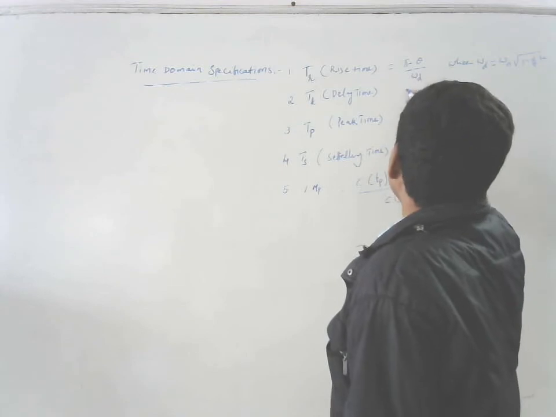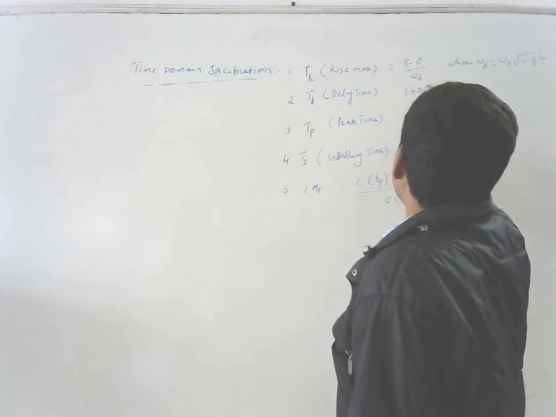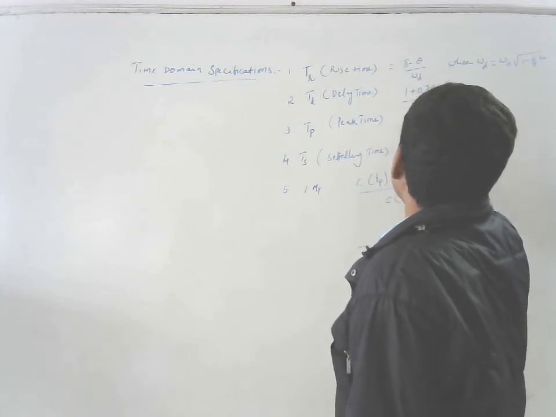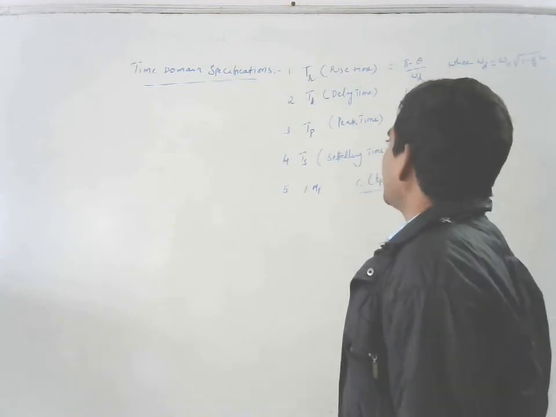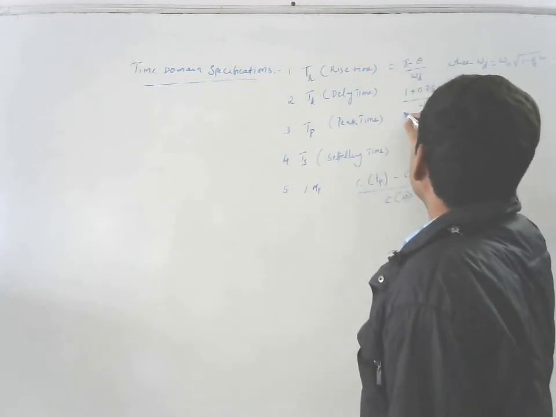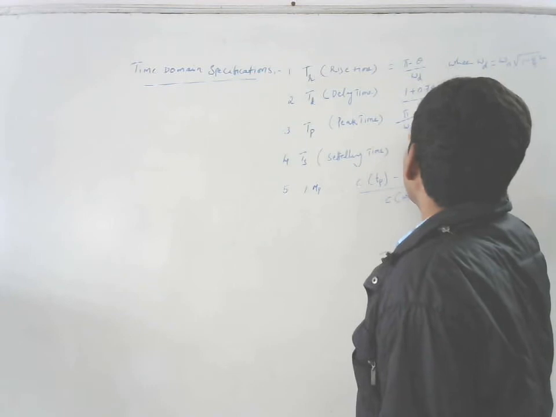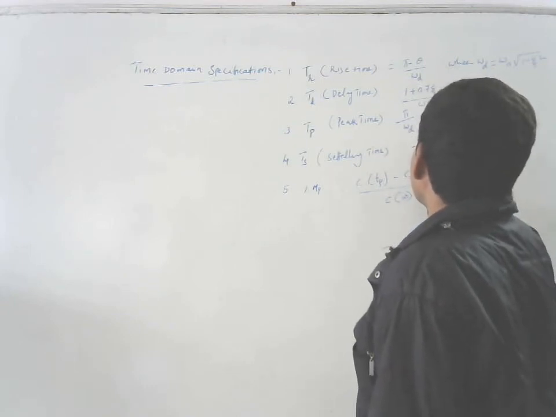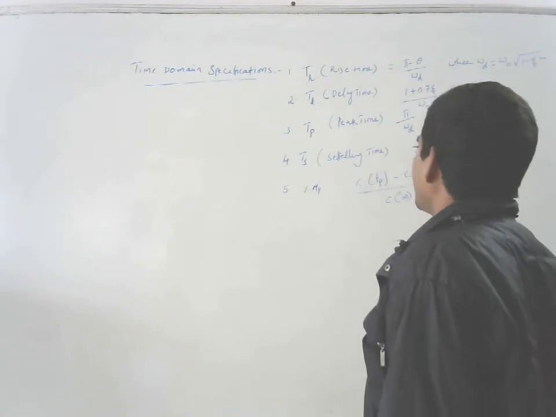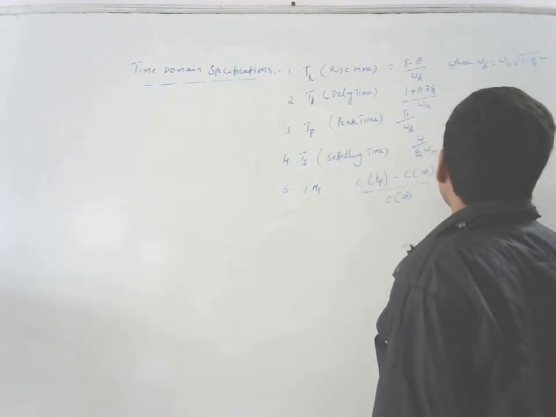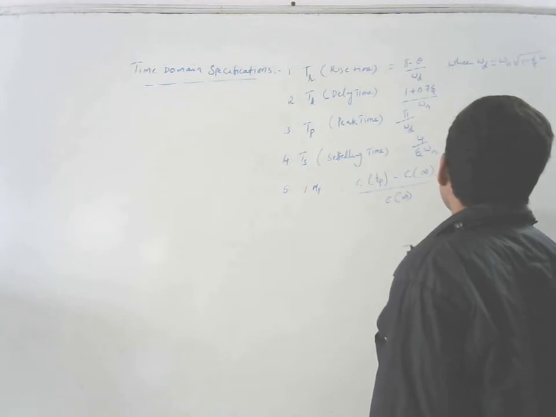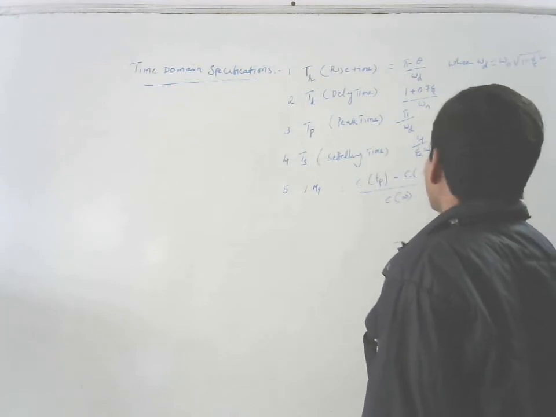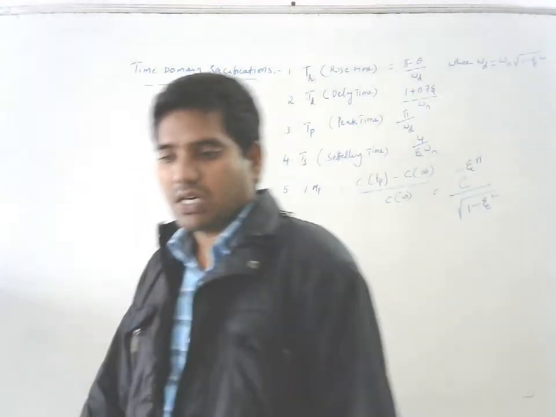The delay time is 1 plus 0.7 zeta by omega n, and peak time is pi by omega d, and settling time is 4 by zeta omega n, and percentage overshoot is e to the power of minus zeta pi by square root of 1 minus zeta square. These are what we derived in the last lecture itself.